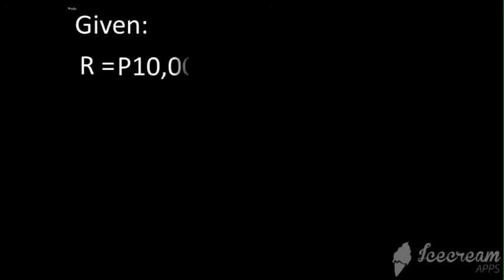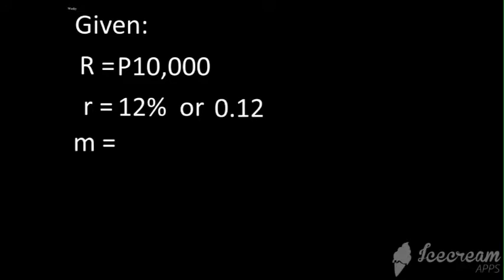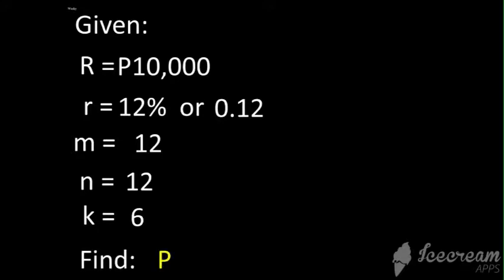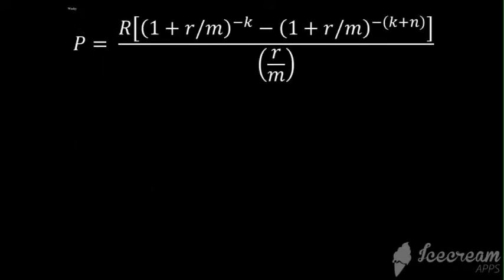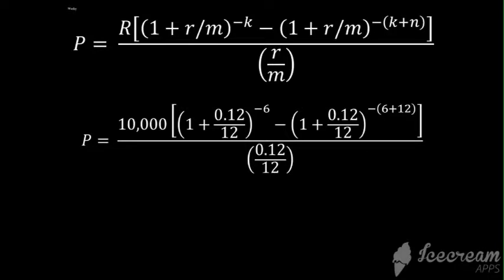Given R is equal to 10,000 pesos. The rate of interest is 12% or 0.12. The frequency of conversion is 12. The total number of payments is also 12, while K is 6. Find the present value. So the formula to be used is the present value of the simple deferred annuity. Let us substitute the given values.